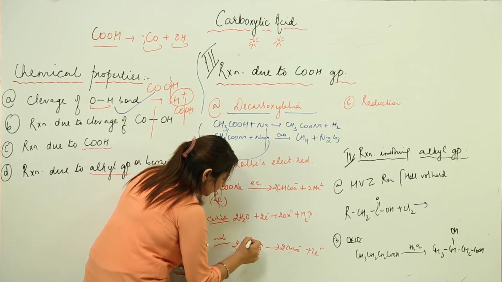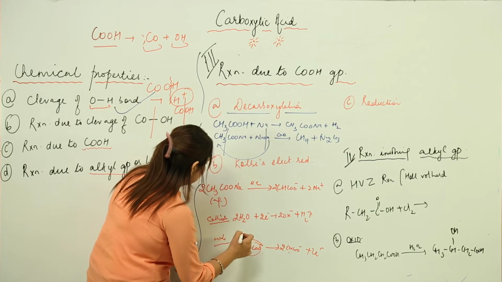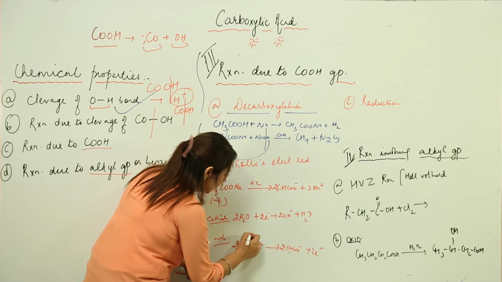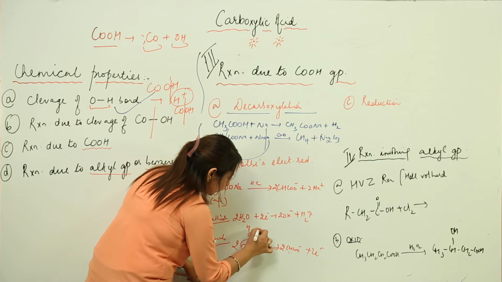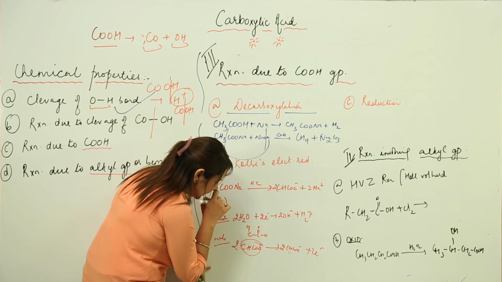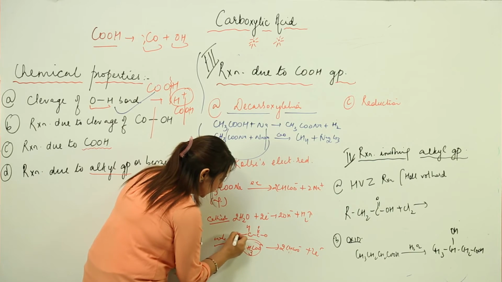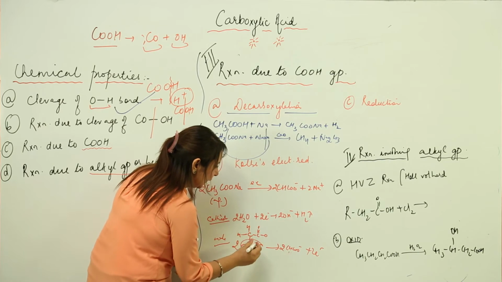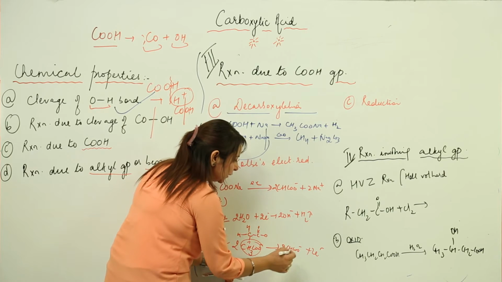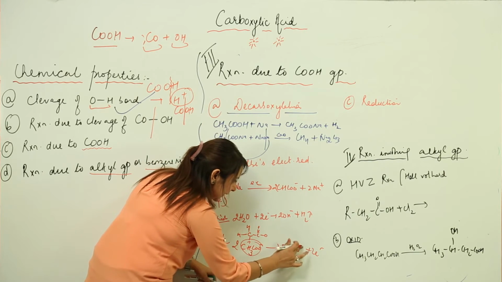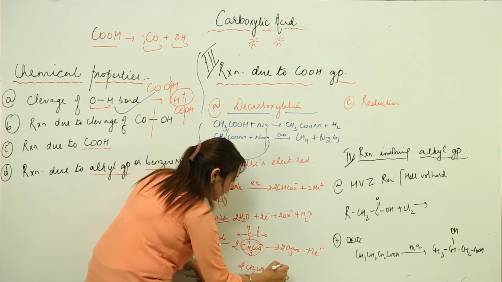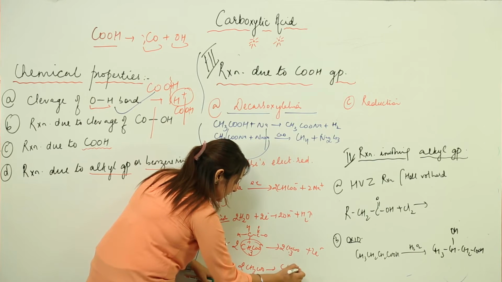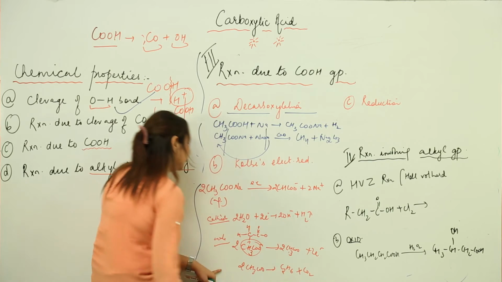I will write the complete formula: CH3COO negative, it will release 2 electrons and they will rearrange to form the molecule C2H6. Along with that we will get carbon dioxide.